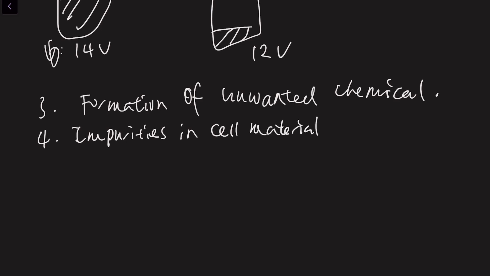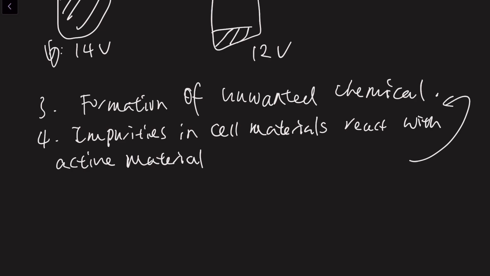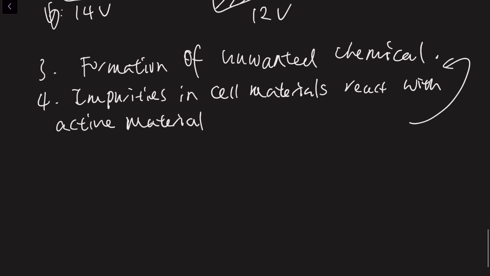So this can include the electrolyte, the electrodes, and the casing of the battery. And those can react spontaneously if we are not careful enough with active materials. And this can convert active materials into unwanted chemical materials, or make the active materials inert.